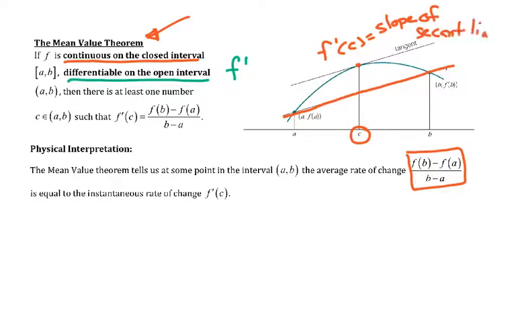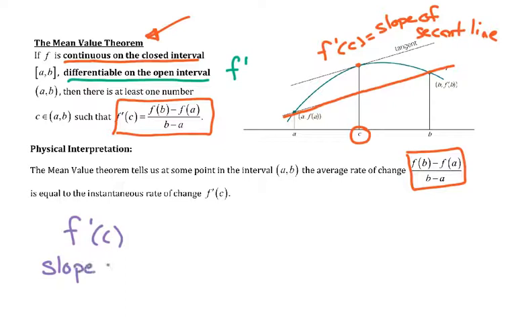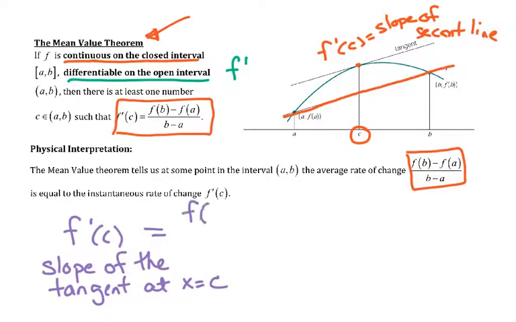I'm trying to emphasize this because when you look at this expression here, it can be kind of meaningless. But remember, f prime at c is the slope of the tangent at x equals c. And we're saying at some point that will be equal to the slope of this secant line.